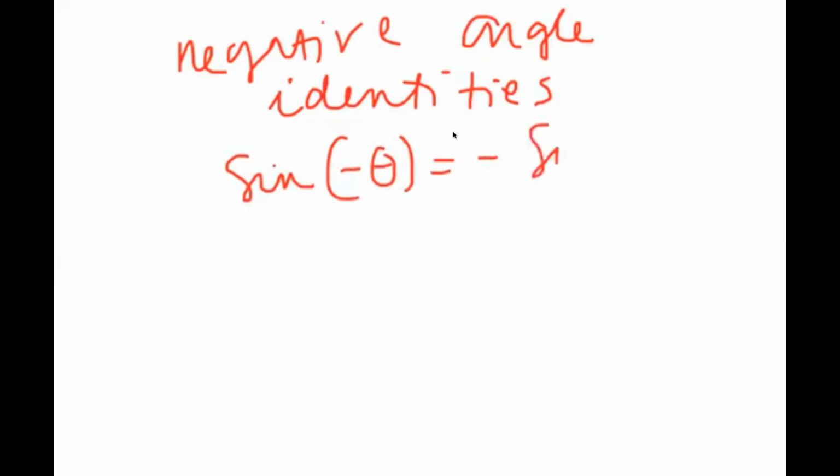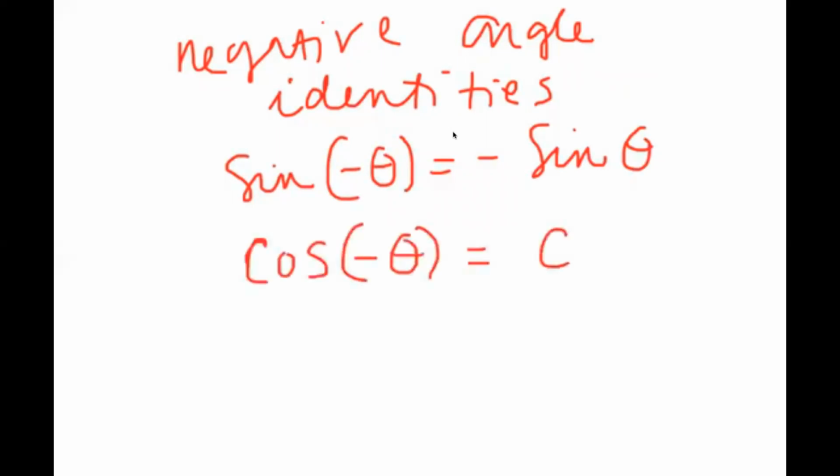So for example, sine is an odd function. So when you take the sine of a negative angle, it would equal the opposite sine of that angle. For example, if you were to take sine of negative pi over 2, that would give you the negative of sine of pi over 2. So, you know, negative 1.